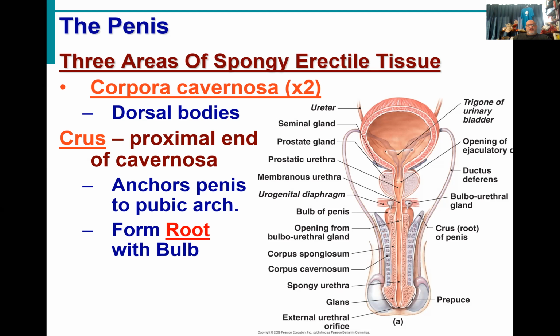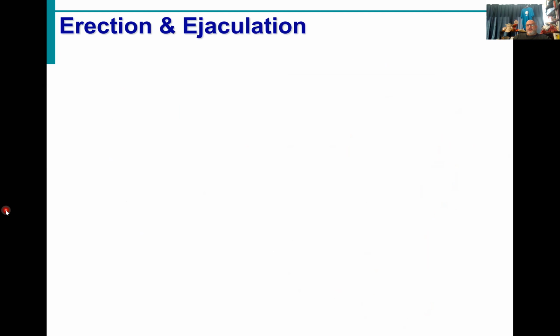All right, now that we know what the penis and the glands look like, let's talk about how these things work. Again, the goal is copulation, the goal is fertilization. So that involves two processes, erection and ejaculation. These are, of course, autonomic reflexes. You cannot consciously cause the penis to rise or lower.